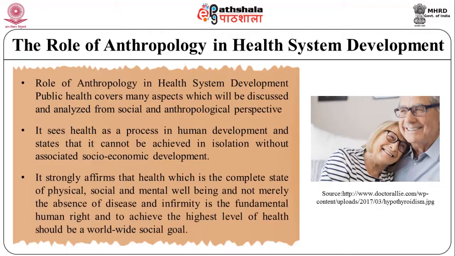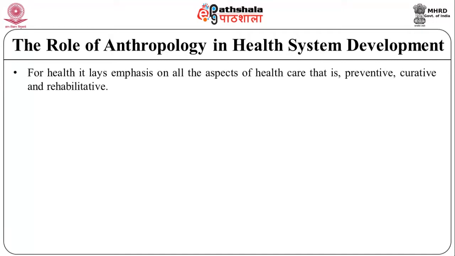It strongly affirms that health, which is the complete state of physical, social, and mental well-being, and not merely the absence of disease and infirmity, is a fundamental human right, and to achieve the highest level of health should be a worldwide social goal. For health, it lays emphasis on all the aspects of healthcare, that is, preventive, promotive, curative, and rehabilitative.